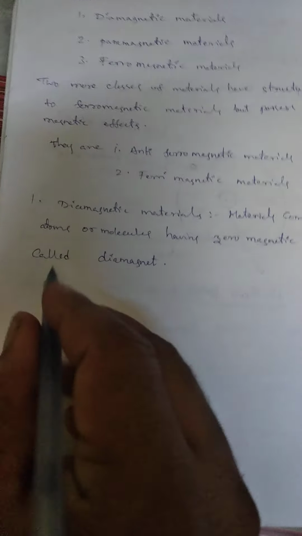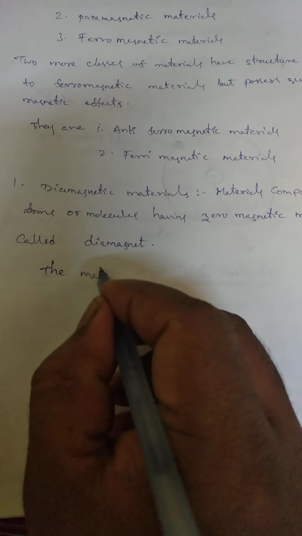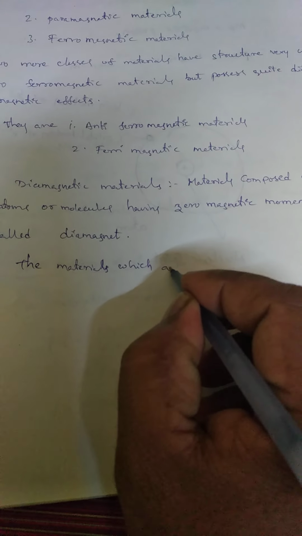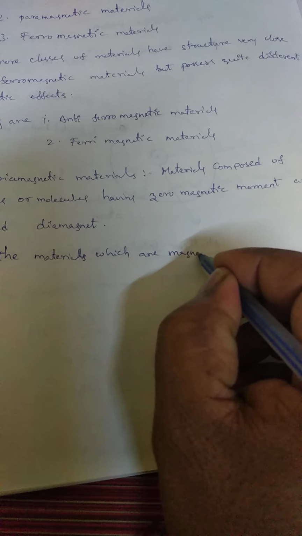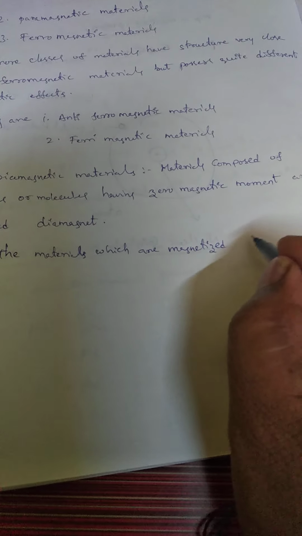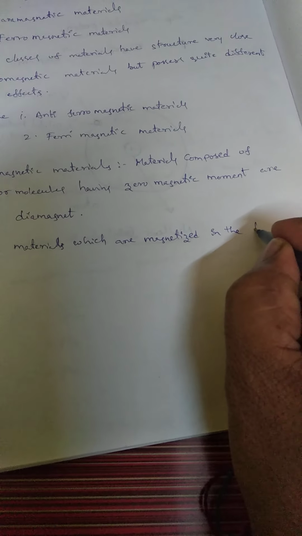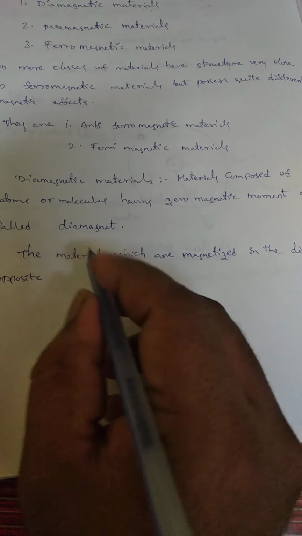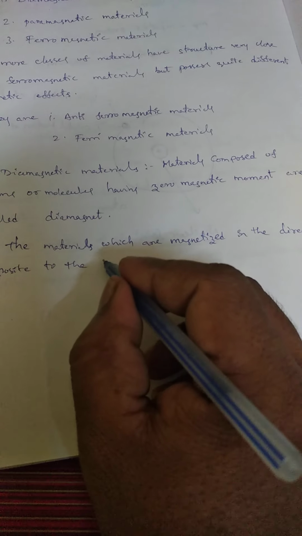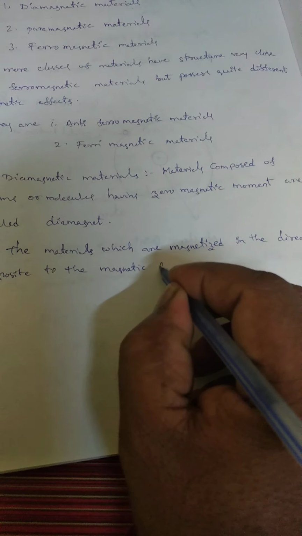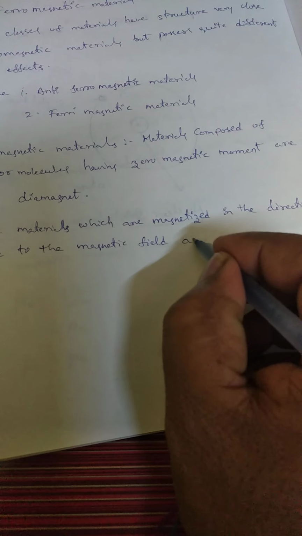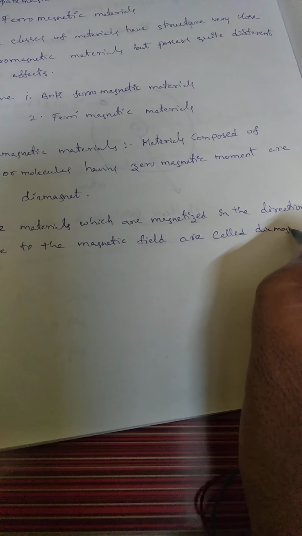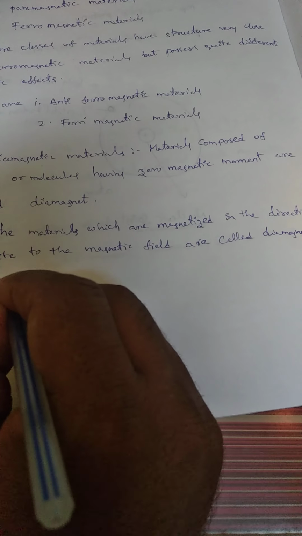Or the materials which are magnetized in the direction opposite to the magnetic field are called diamagnetic materials.